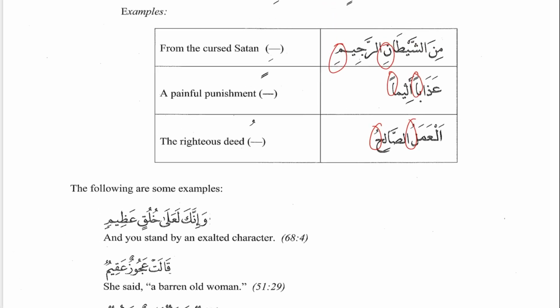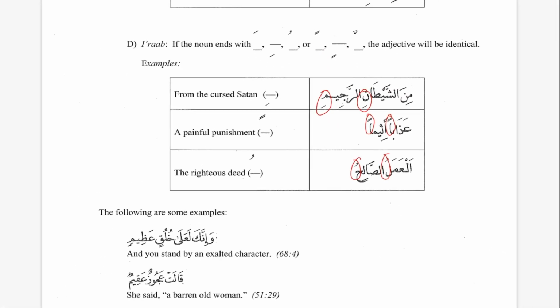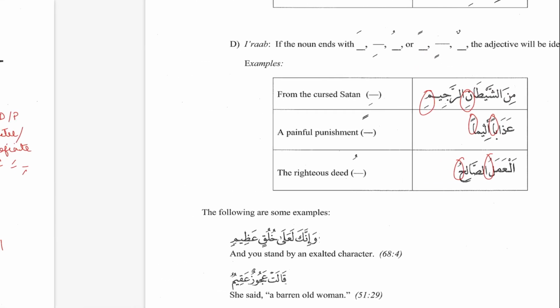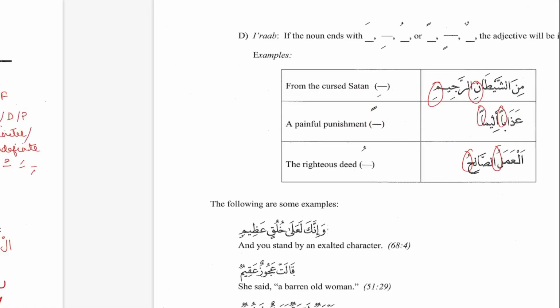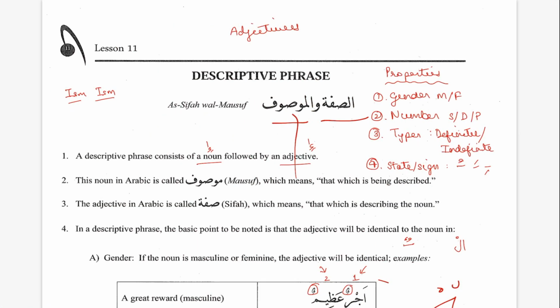So these are the examples. So in summary, in this lesson, it's important in a sifat wal mausuf combination. This is called the descriptive phrase, because one of the nouns, the following noun, describes the preceding noun. The second noun describes the first noun. So it's basically attaching an adjective to a noun.